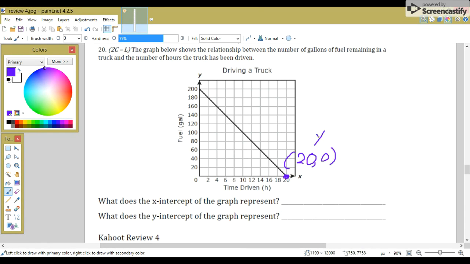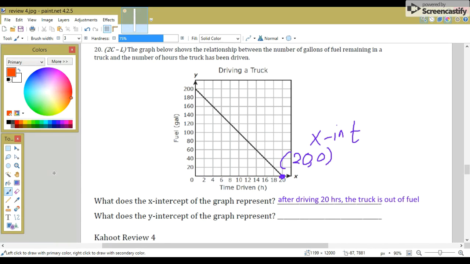That's the x-intercept. So the x-intercept's basically saying when we've driven 20 hours, we're out of fuel. And let's find the y-intercept. That's what crosses the y-axis. That's at 0, 200.